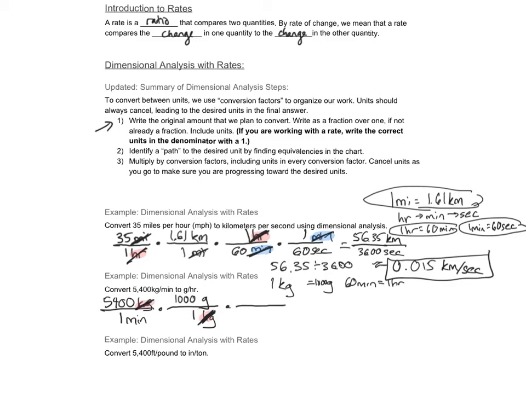So since minutes are in the denominator, I need the other minutes to be in the numerator in order to get them to cancel. So this will be minutes and this will be hours. And there are 60 minutes equal to 1 hour. And now my units cancel. And we end up with 5,400 times 1,000 times 60, which is 324 million. And the units are grams per hour.